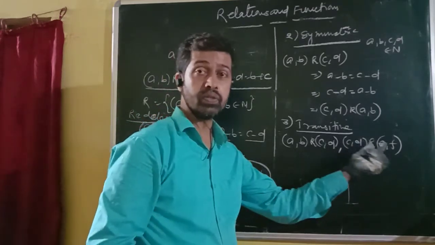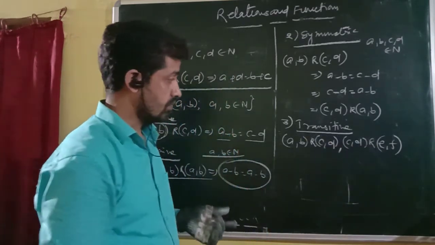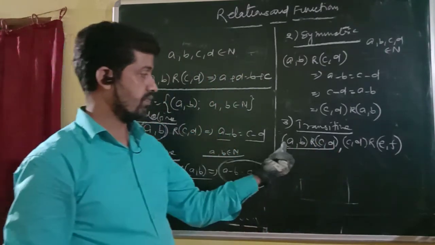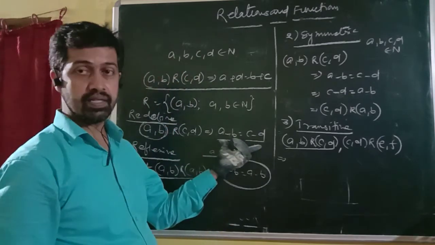Whether AB is related to EF. For that, we start with the definition. Whenever AB is related to CD, the condition is this.